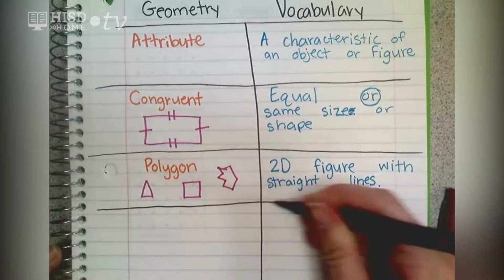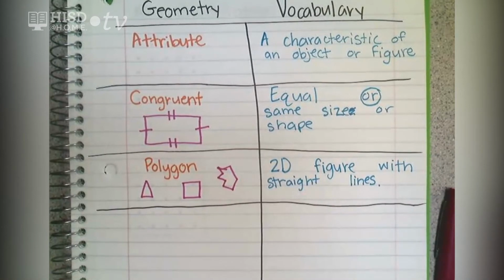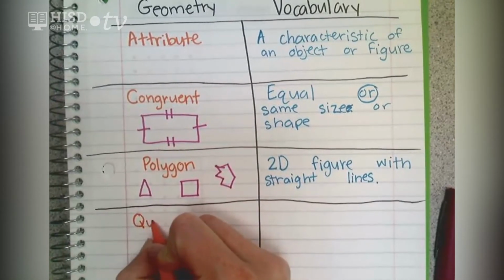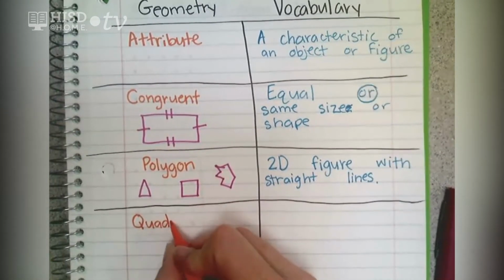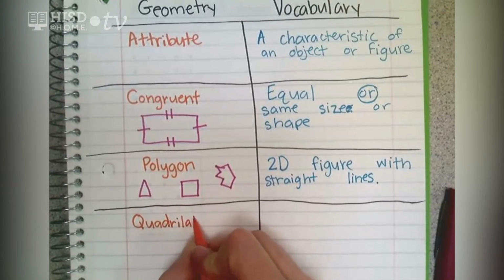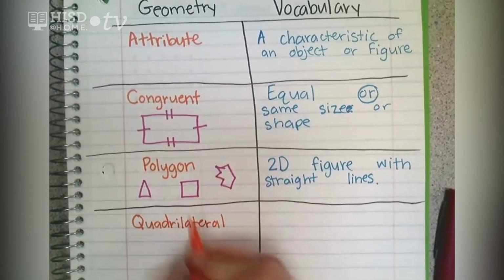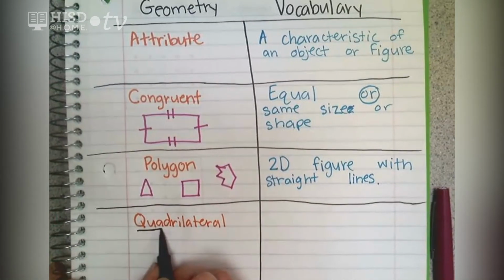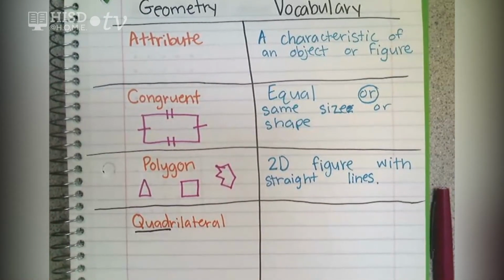And the last word we're going to go over is something that's going to lead into what we're doing next, which is quadrilateral. And for a quadrilateral, I want us to look at this word, quad. Quad means four. So a quadrilateral is any polygon or figure that has four straight lines and four vertices.